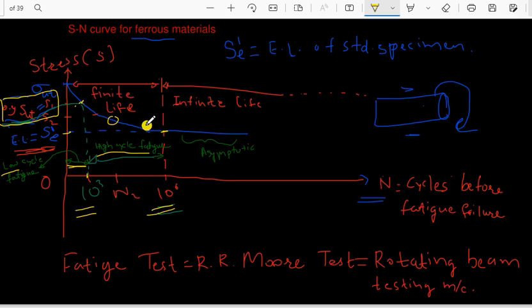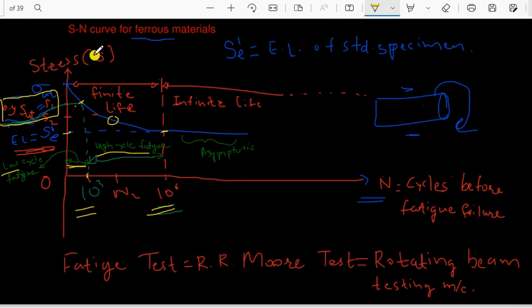All these values, if you know them, and you are asked to find the particular life for a given stress value, then how can we find it? For that purpose we will draw a graph of the log of this stress versus the log of this number of cycles.